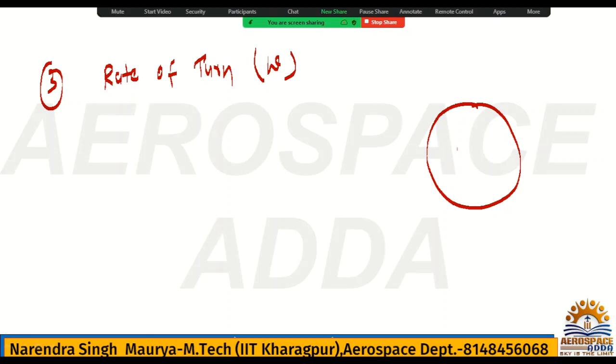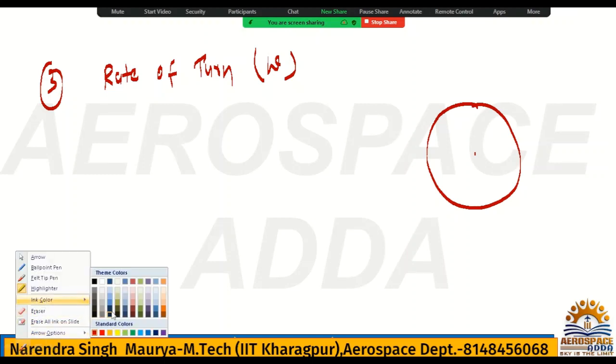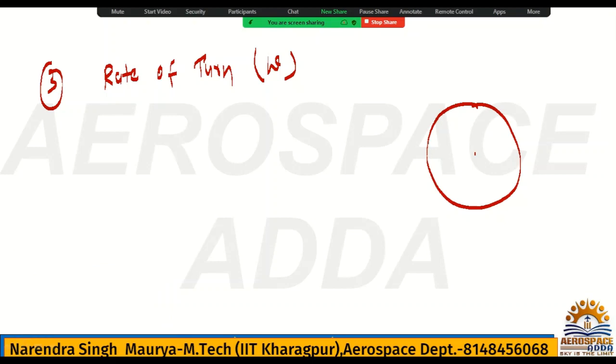You can take any partial part. Suppose the aircraft is here, anywhere you can take. Any position you can take.